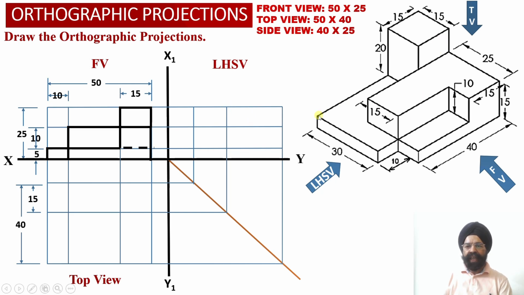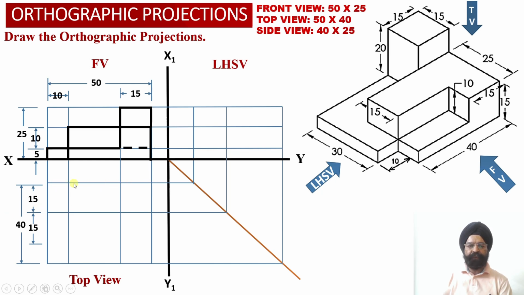Next, we know that corresponding to element number 2 and element number 1, this distance happens to be equal to 30 millimeter. So this surface and this surface are going to lie alongside the same horizontal line, which is available at a distance of 30 millimeter from the rear face of the solid. So now we are going to mark a distance of 30 millimeter from the rear face of the solid.